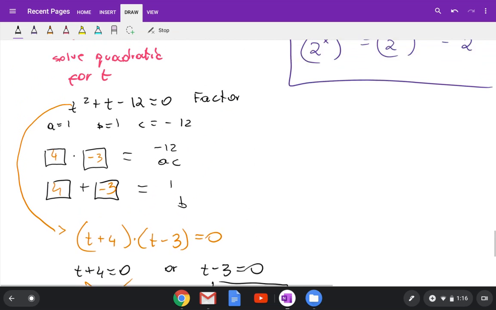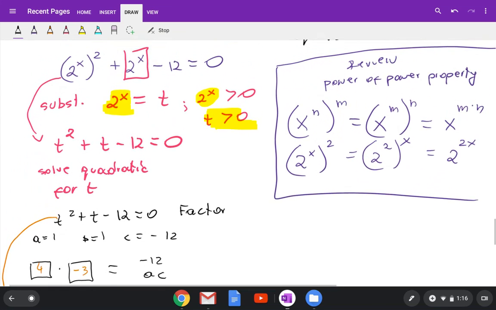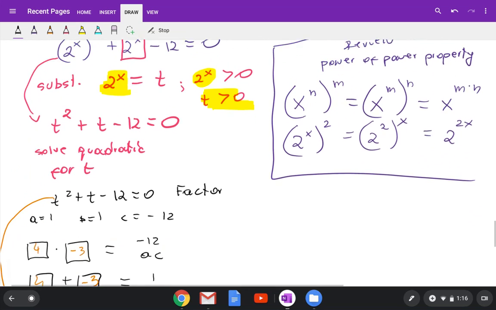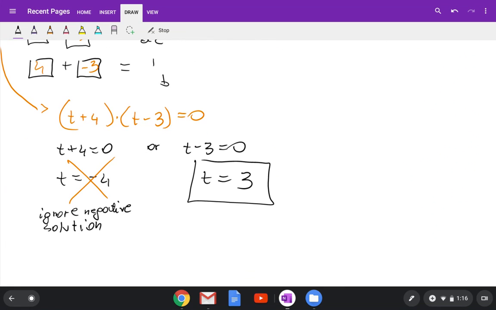Don't forget that we used the substitution. You need to solve the exponential equation, and our variable is x. So we need to solve for x. So t is 2 to the power of x. So now substitute back, and we know that t is the same as 2 to the power of x.